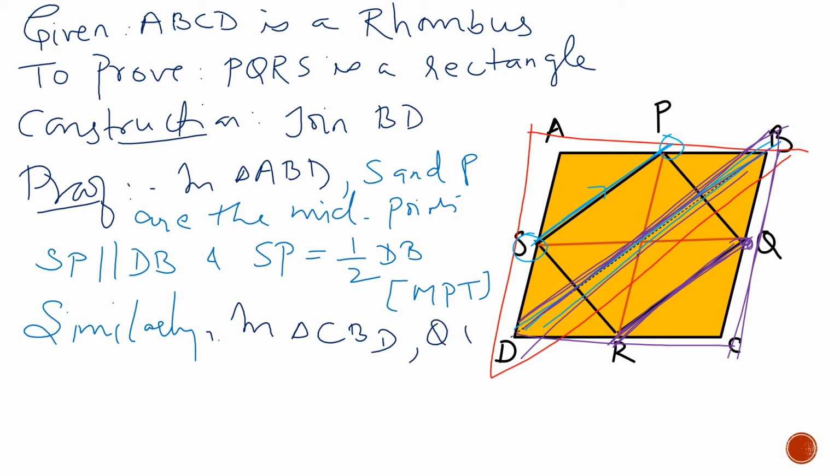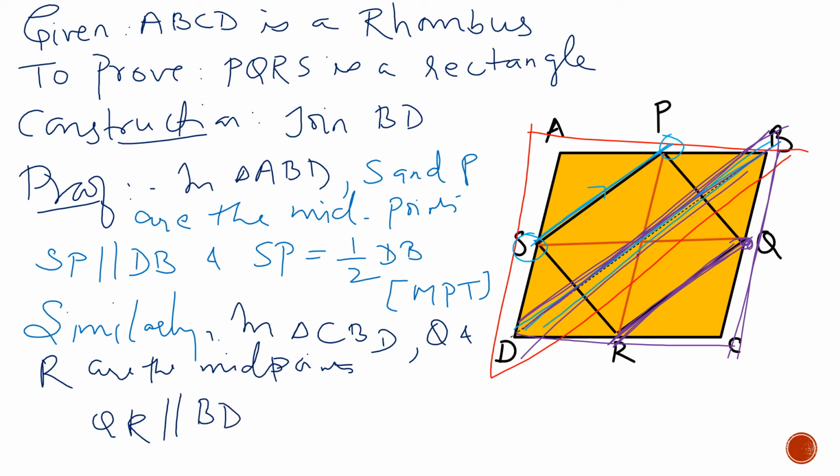Q and R are the midpoints of BC and CD respectively. So QR is parallel to BD and QR is half of BD.